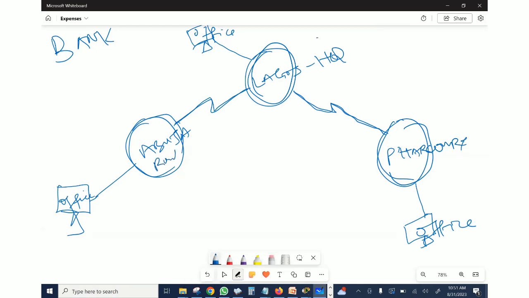Let's say this is router 1, router 2, and router 3. Now let's give an IP address to each of our networks.